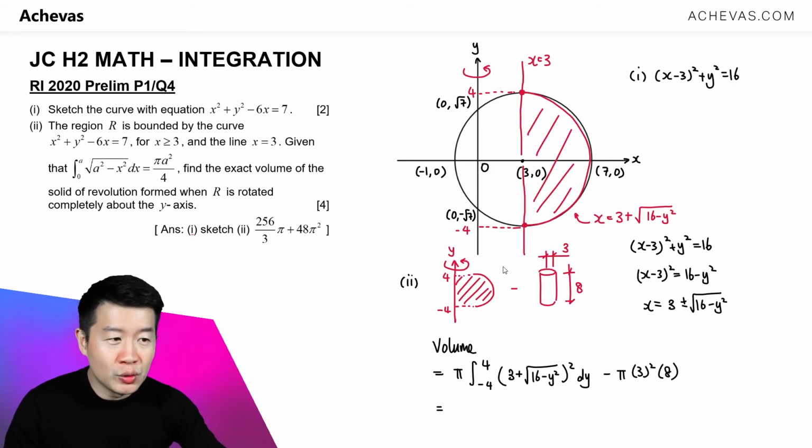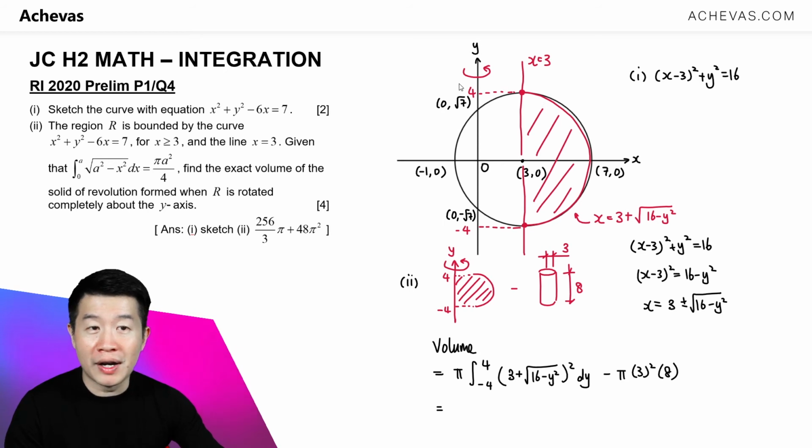So I'm going to concentrate on the top part of the graph from 0 to 4. Since it is symmetrical about the x-axis, if I find the volume when this part of the graph is revolved about the y-axis, I can multiply it by 2, which will give me the total volume when this entire graph is revolved about the y-axis.